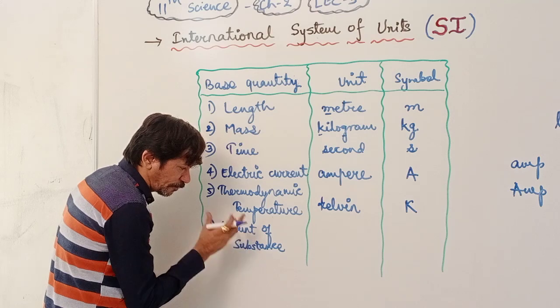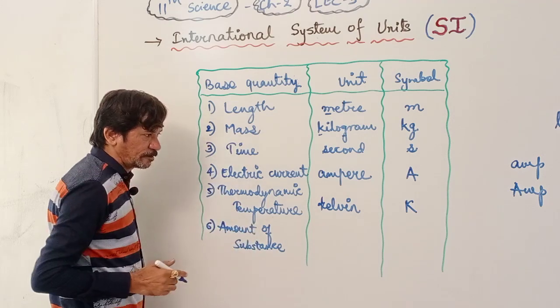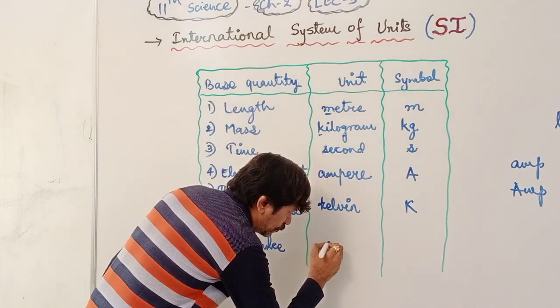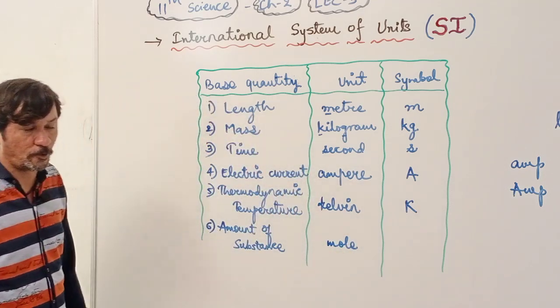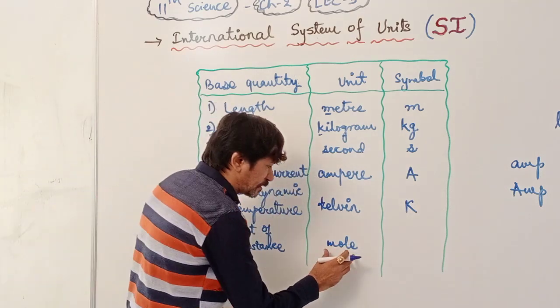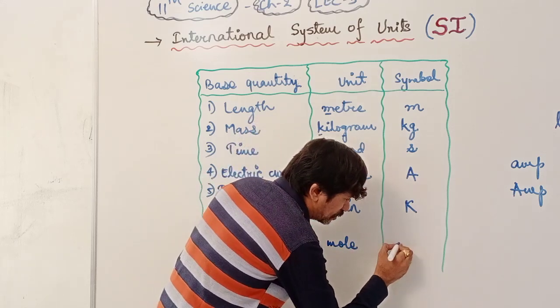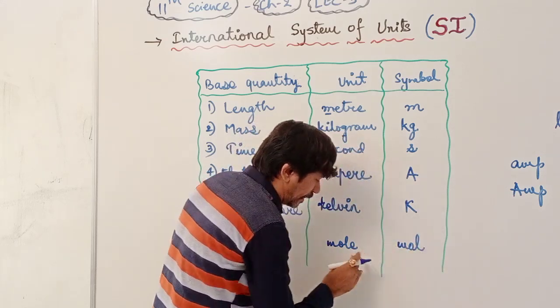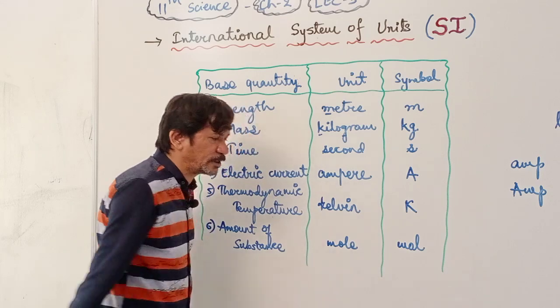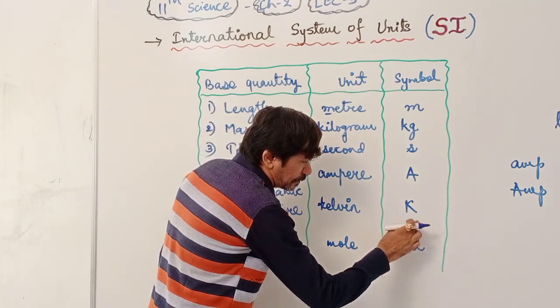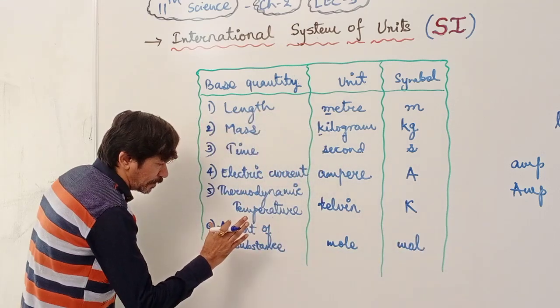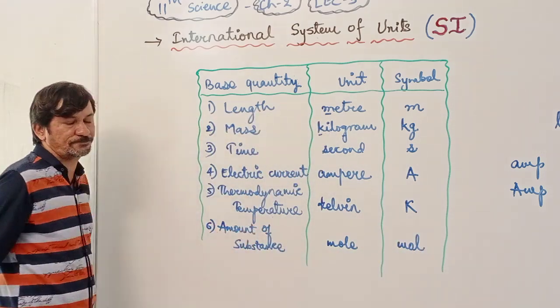Its amount is measured in a unit, mole, M-O-L-E, and the symbol of this unit is just mol. It means remove the E from the unit to get the symbol. So mol is the symbol of the unit of amount of substance.